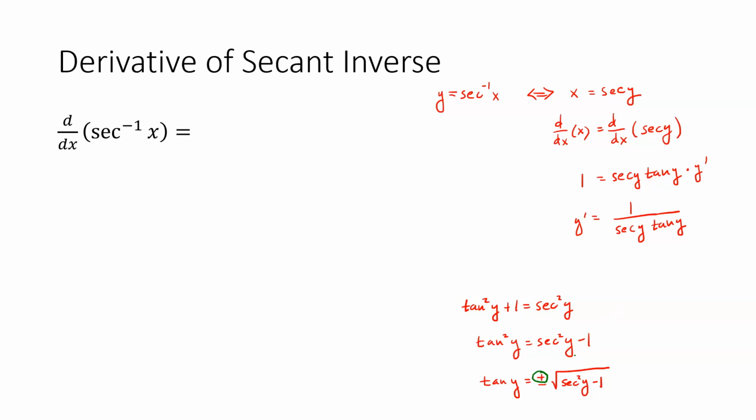So that was where the choice of the interval was important here, because tan y is going to be positive for y in those intervals. If you remember, it was from 0 to pi over 2 and from pi to 3 pi over 2.